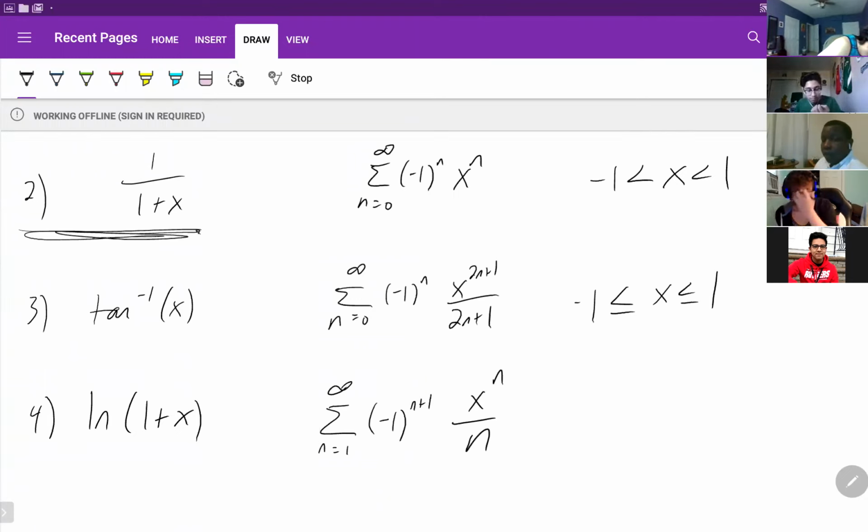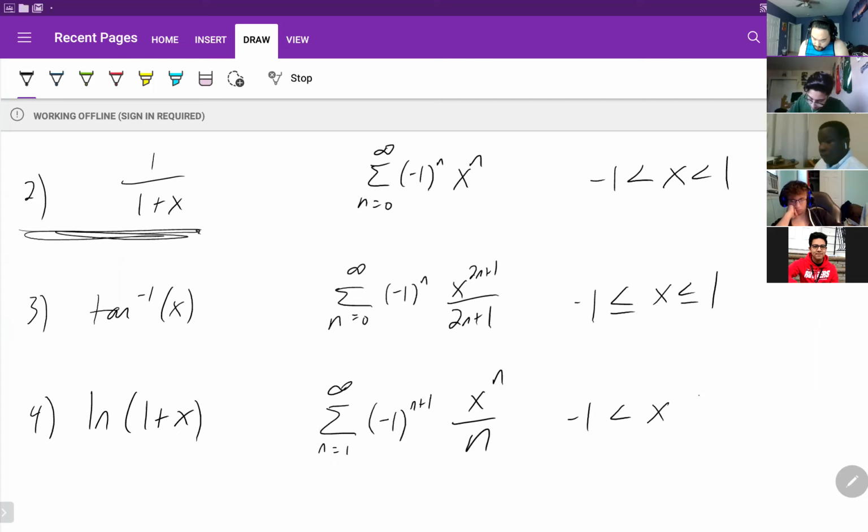And the interval of convergence, where is it? Oh yeah, it converges only at 1. If you don't believe me, plug in the endpoints and check for yourself.